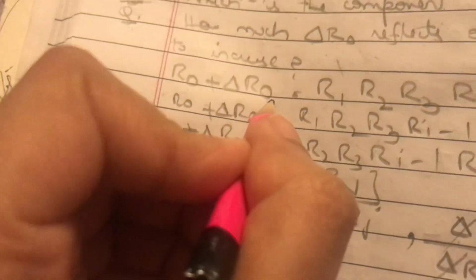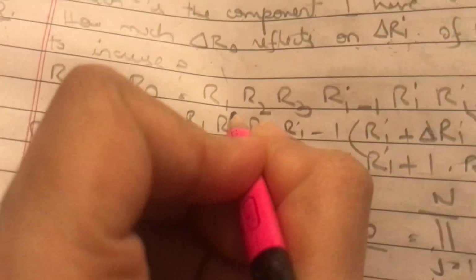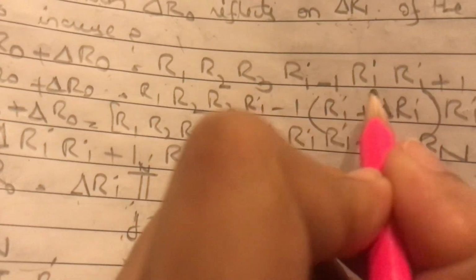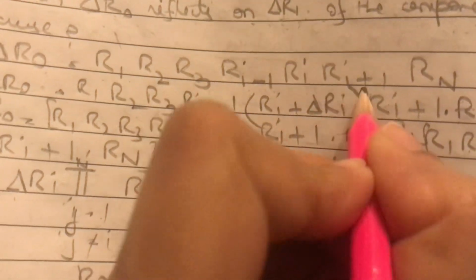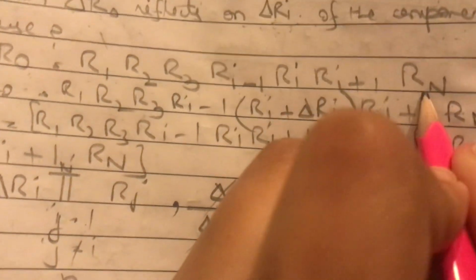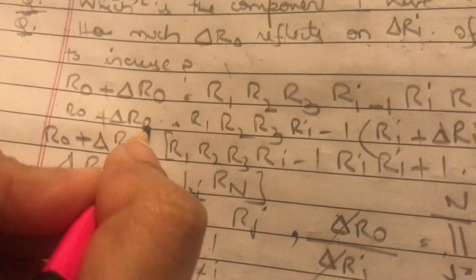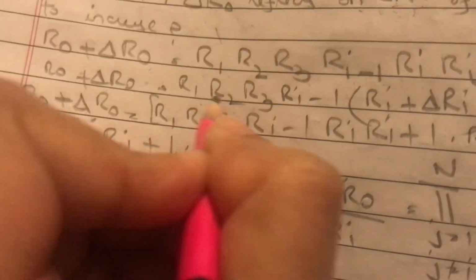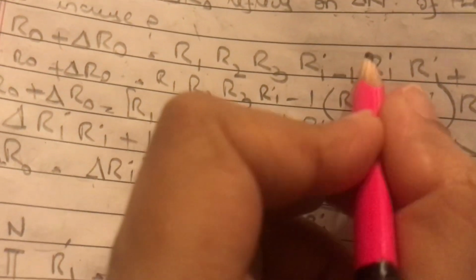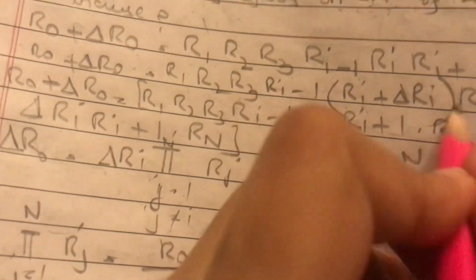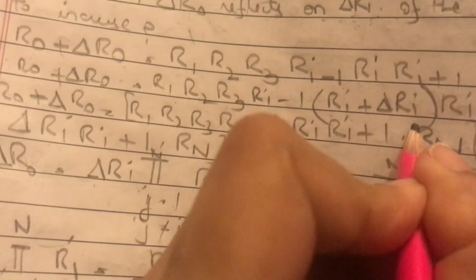So when taking R0 plus delta R0, we have the formula R1 times R2 times R3 times Ri minus 1 times Ri times Ri plus 1 times Rn. After enhancing our reliability to R0 plus delta R0, we get R1 times R2 times R3 times Ri minus 1 times Ri plus delta Ri, since this Ri is enhanced when the reliability is enhanced.